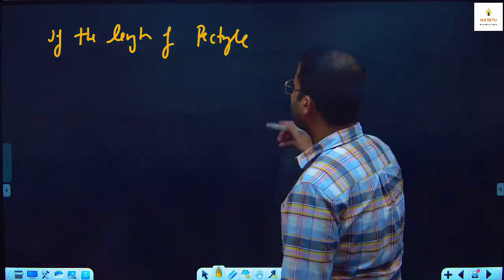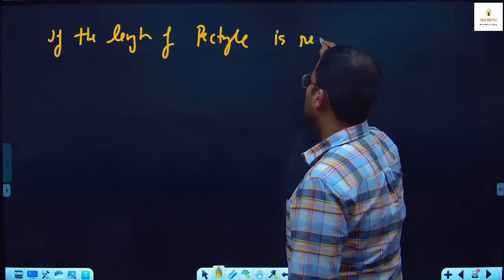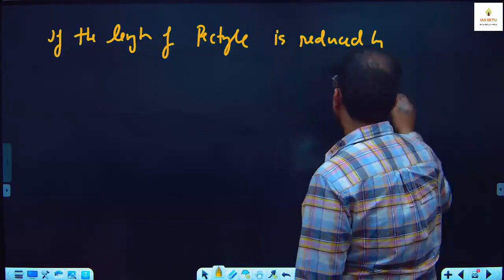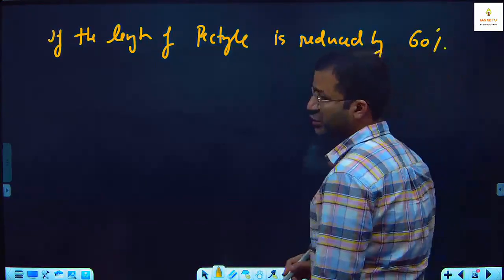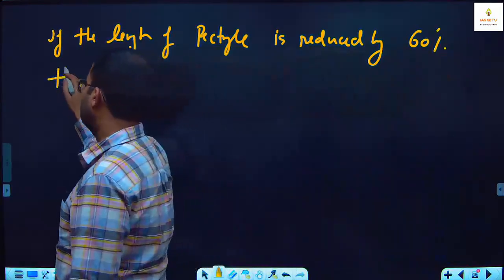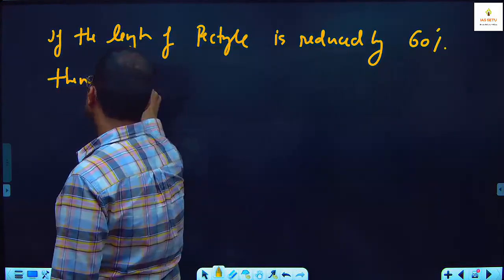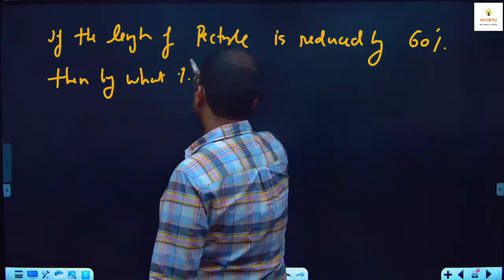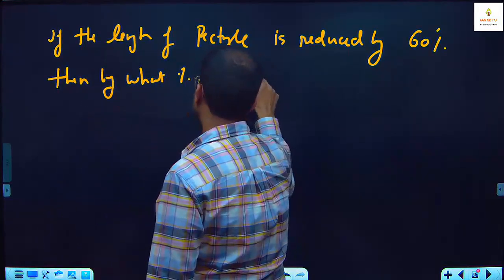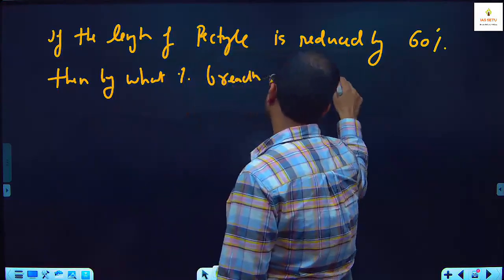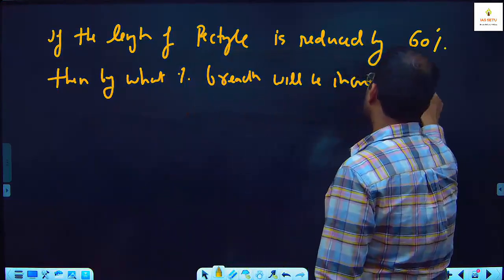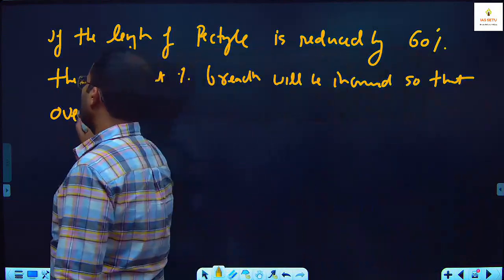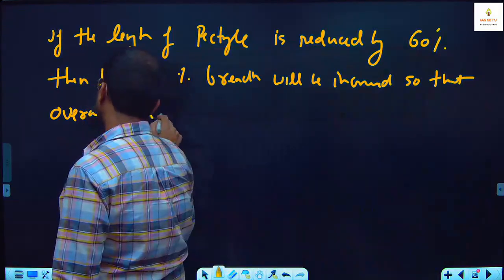If the length of a rectangle is reduced by 60%, then by what percentage will the breadth be increased so that the overall area remains the same?